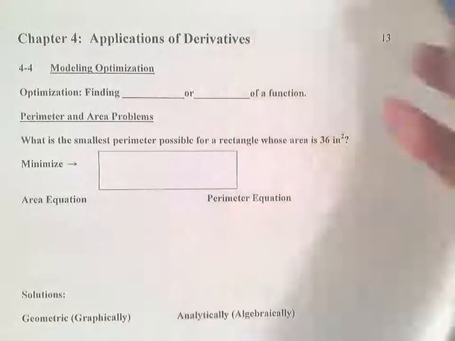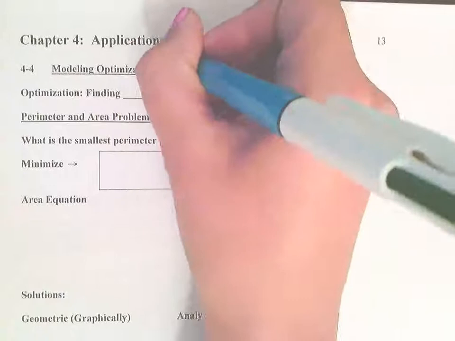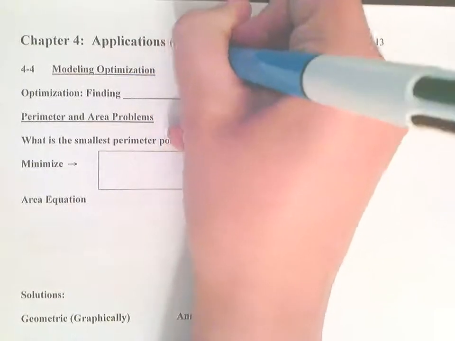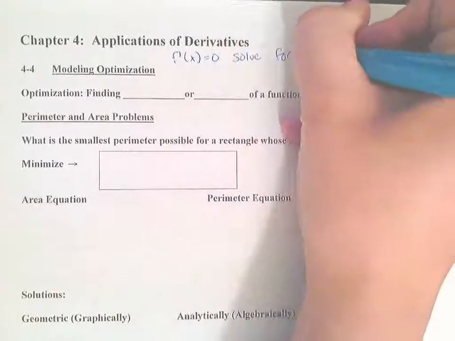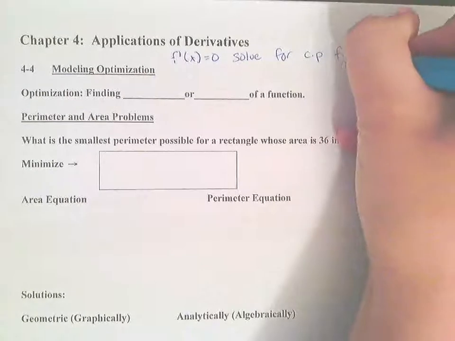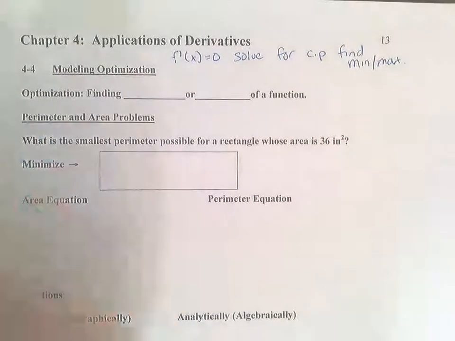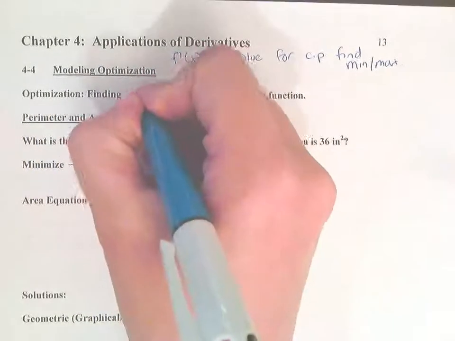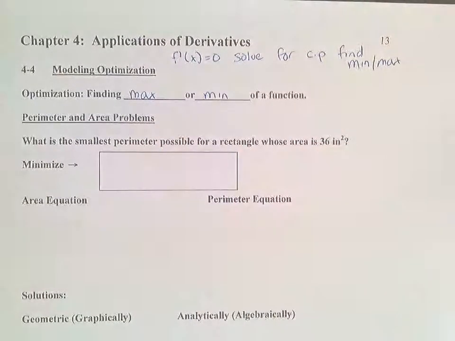But your end goal in modeling optimization is to at some point find the derivative and set it equal to 0, solve for critical points, and then find the min or max depending on what they're asking you. Okay, so optimization is just finding the max or min of a function.